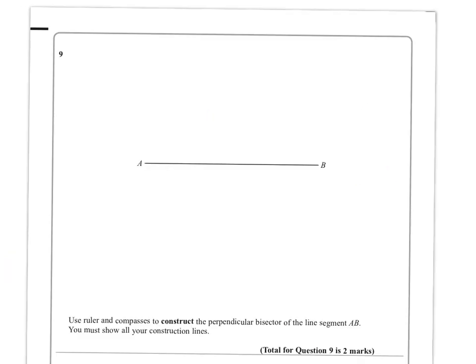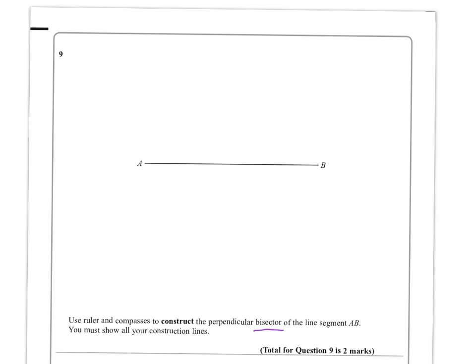So question 9, use a ruler and compasses, which I don't have, but you will, to construct the perpendicular bisector of the line segment AB. And you must show all your construction lines. Well, if we want to bisect something, we want to cut it in half, and we want the perpendicular bisector, so we want something that's not going to cut it in half like so, because that wouldn't be 90 degrees.